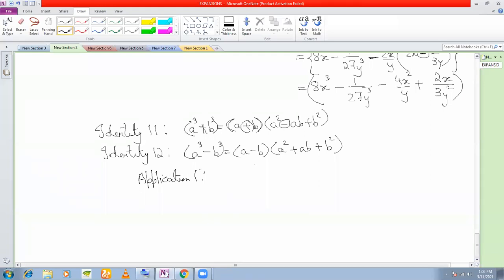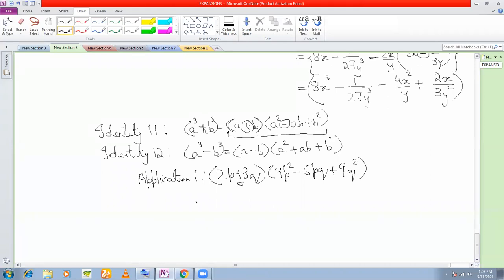Very simple application. It's 2p plus 3q into 4p square minus 6pq plus 9q square. We want to multiply these two together. So now I see a plus sign here, so I'll try to bring this to this form.